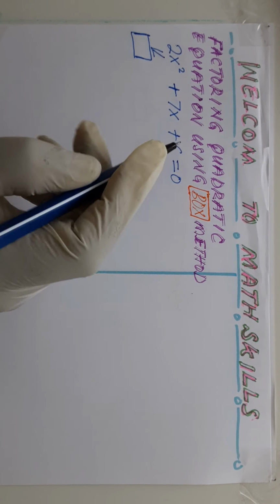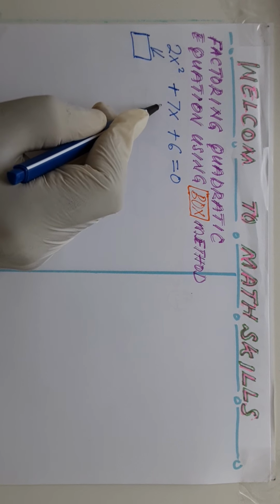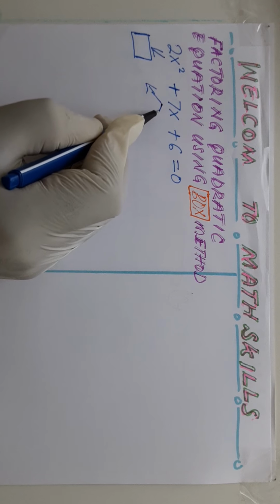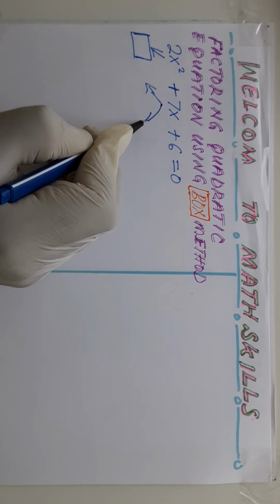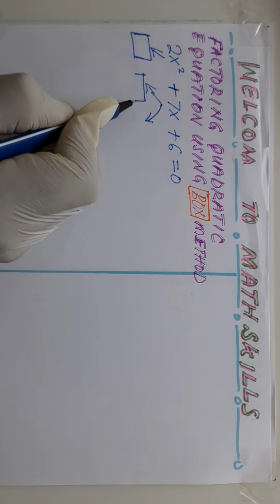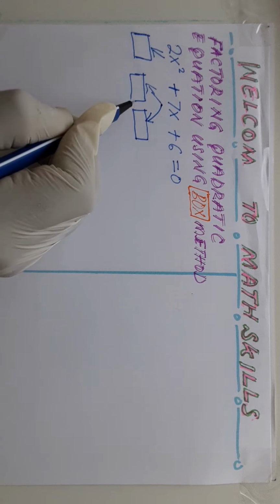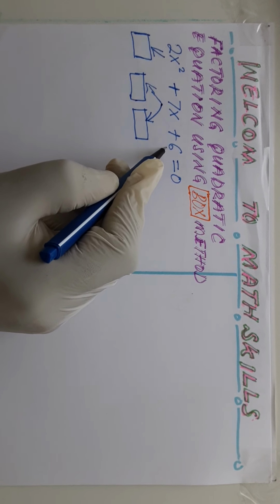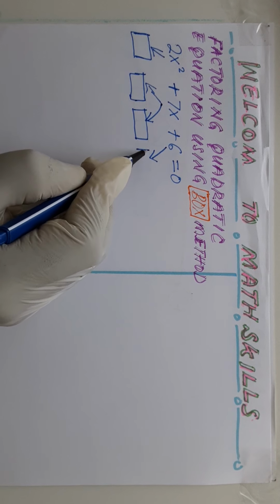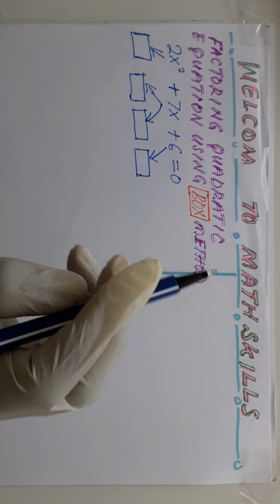The coefficient with the variable x is going to split into two boxes. And the constant 6 is going to split into a box. So that's step number 1.